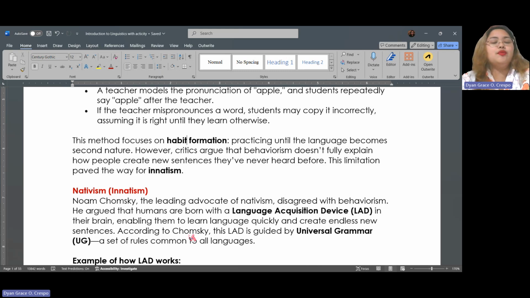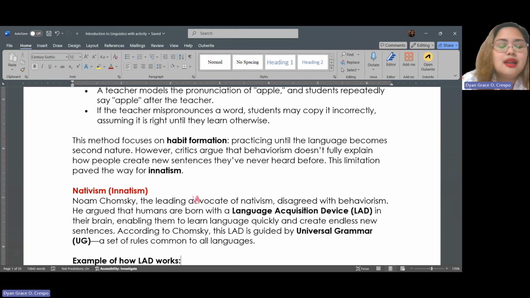That's from Noam Chomsky, the leading advocate of nativism, who disagreed. According to him, humans are born with a language acquisition device in their brain, enabling them to learn language quickly and create endless new sentences. According to Chomsky, this LAD is guided by universal grammar, a set of rules common to languages.